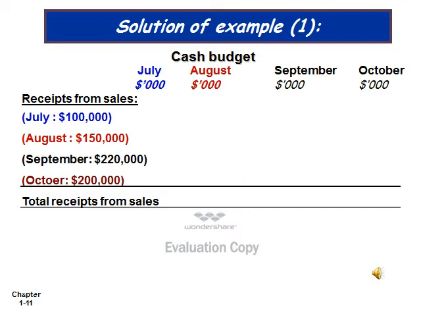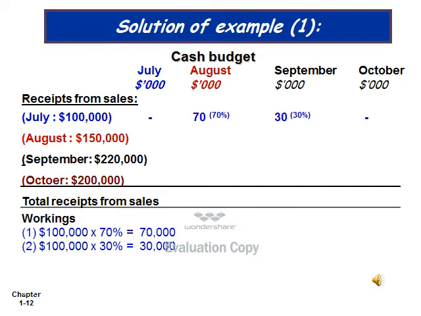After that, total receipts from sales. In July, sales revenue 100,000. This amount will be received as follows: 70% in 1 month later and 30% in 2 months later.